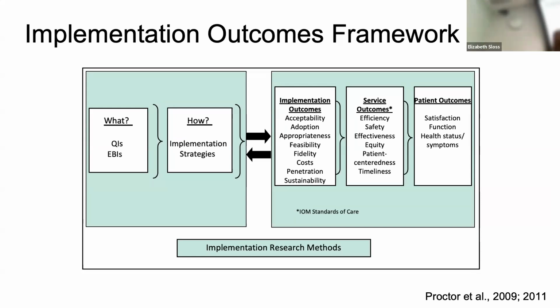Implementation strategies fit here. How do we get the thing into care, practice, or settings so that we move implementation outcomes, so we can have a service-level outcome? And ultimately, how do we end up with a patient-level outcome? So implementation strategies fit in this box in between.